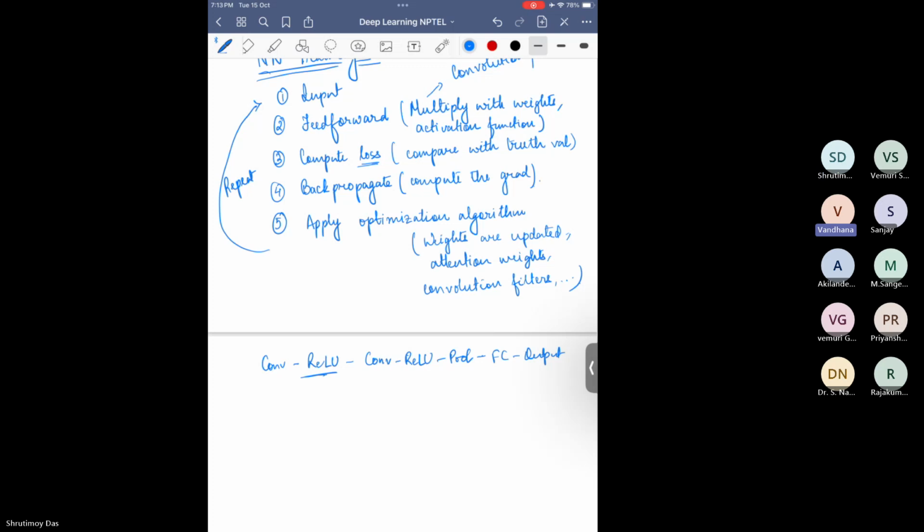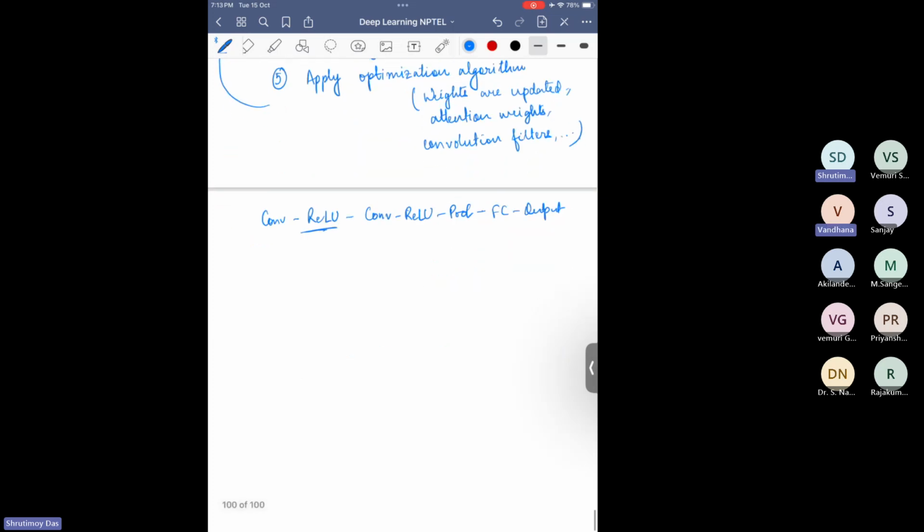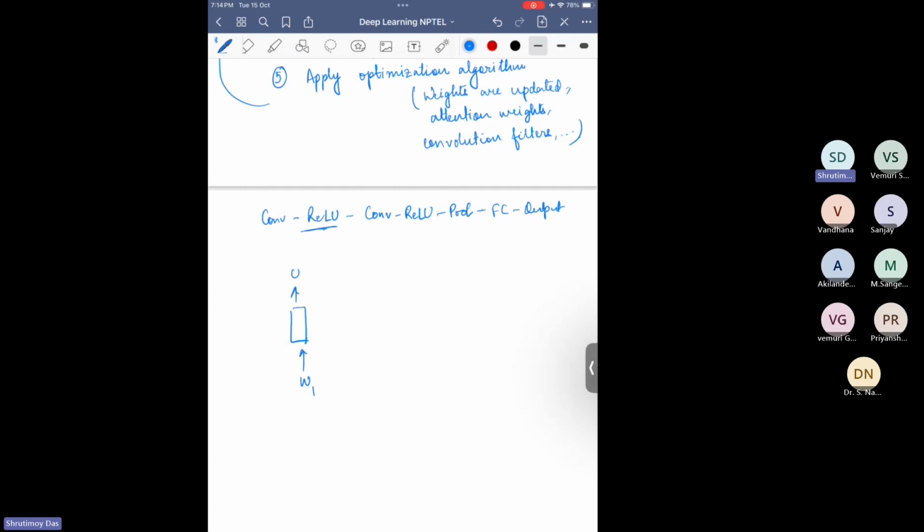If you remember RNNs, your RNNs were something like this, right? At across different timestamps, you have some word here, you have some neural network here, and you have some output here, some hidden state, and then you will have another state here.